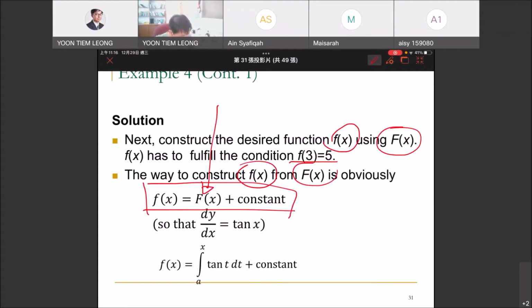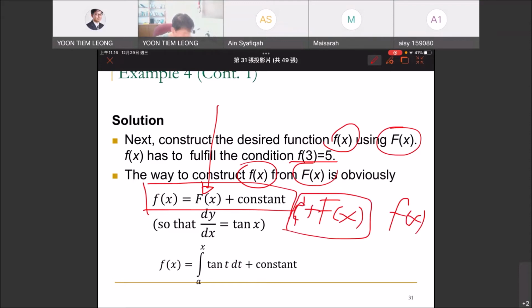Remember, if F(x) is an antiderivative to f(x), then any sum of F(x) and a constant is also an antiderivative. So the collection of all the antiderivatives is still antiderivatives, right? So you write down the most common form of antiderivative, which is capital function F plus a constant.